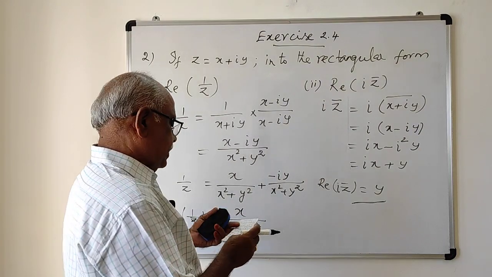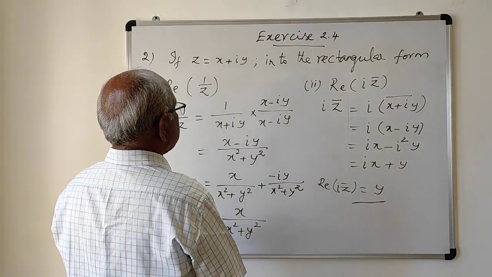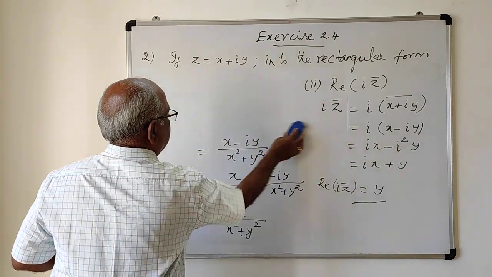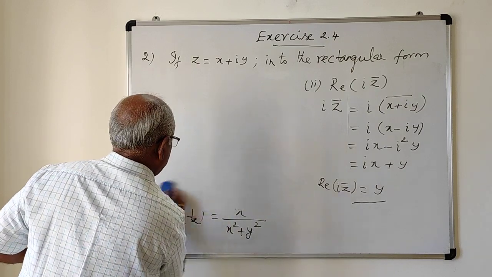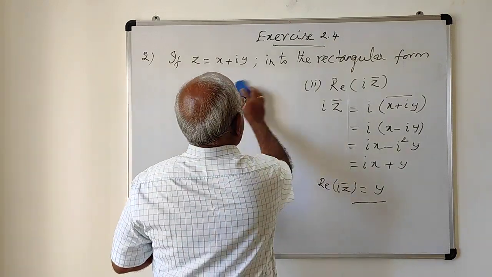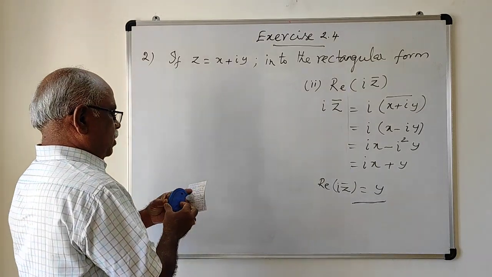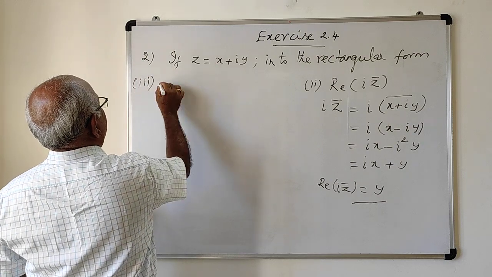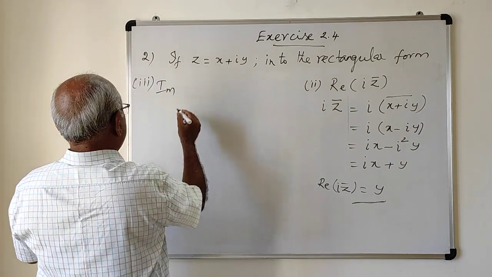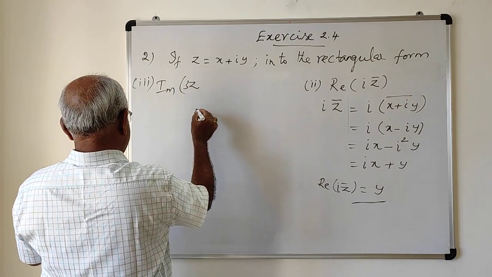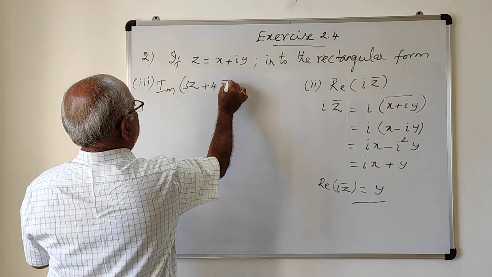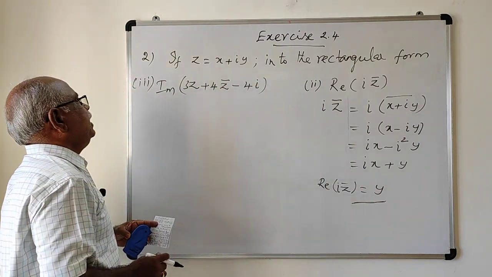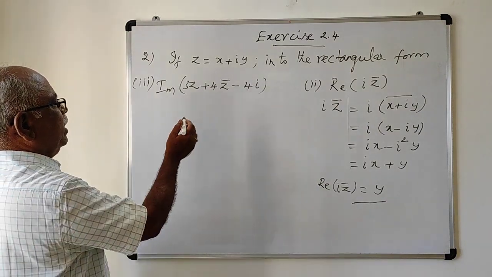Next, third one in the exercise. Imaginary part of 3z plus 4z bar minus 4i.